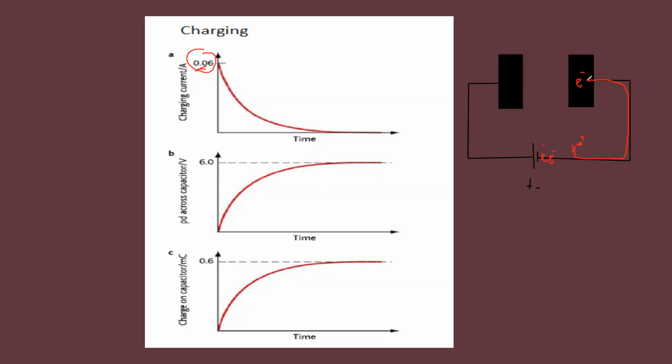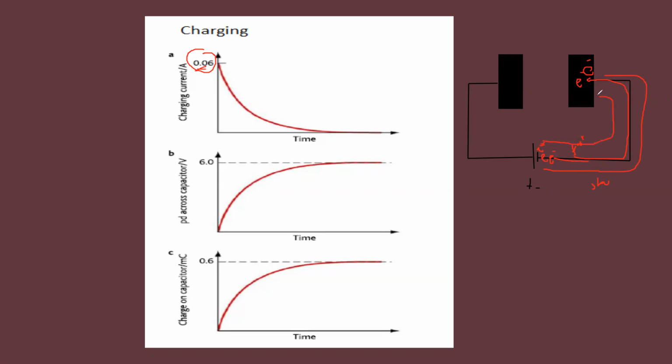Like charges repel each other, so compared to the first electron, this electron will slow down. Then another electron will come, and because there are already two electrons, this electron will slow down further.